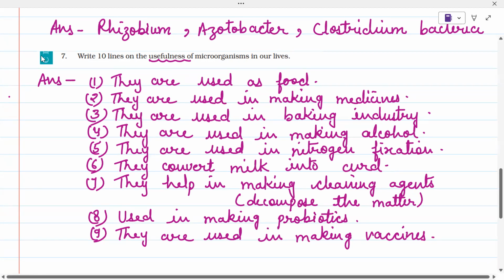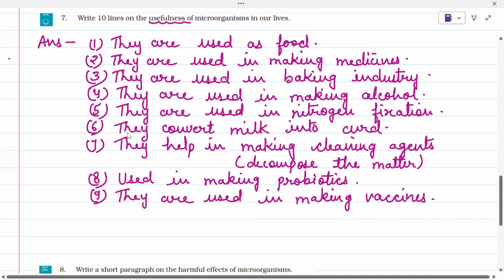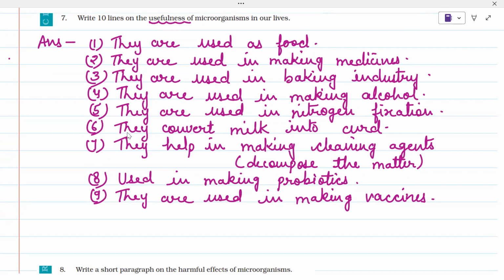We know that weakened form of certain microorganisms are used in making vaccines. So this is also a very useful characteristic of microorganisms. We can use it in our daily life. It is also used in making cheese, right? So these are the various uses.